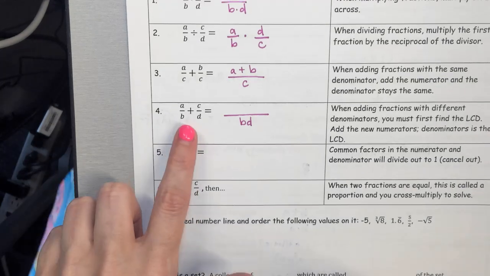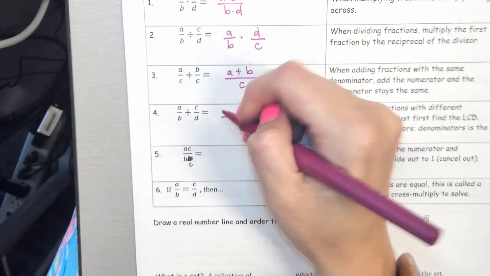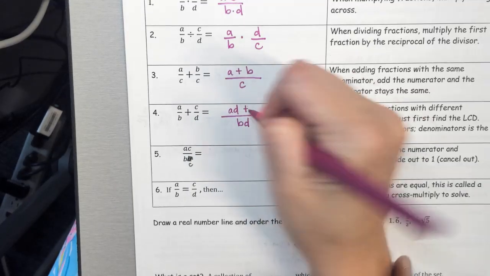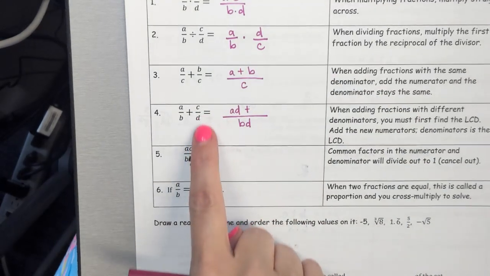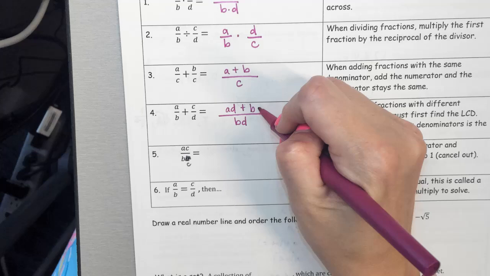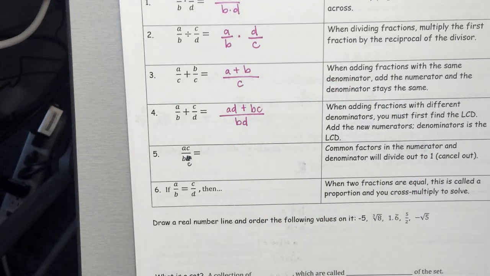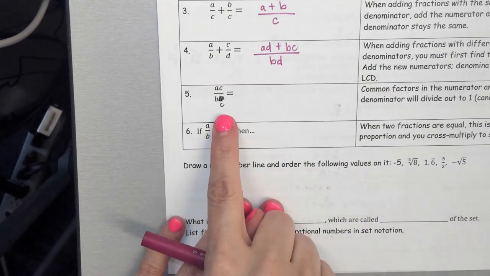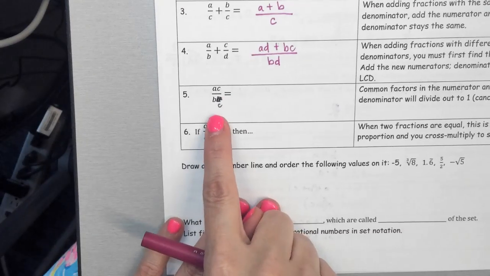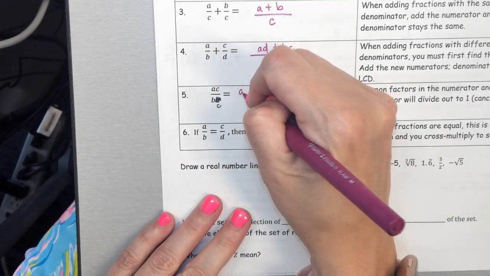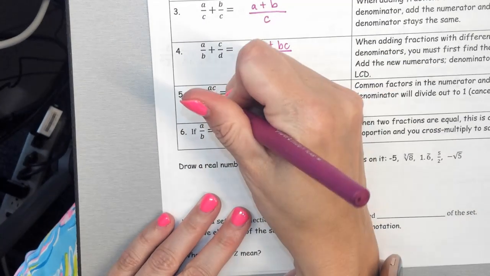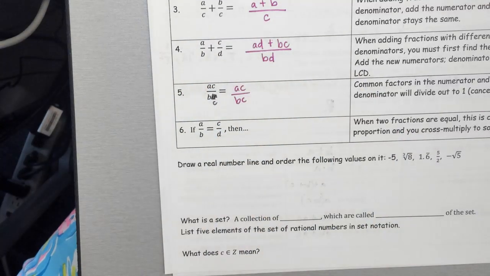What would you have to multiply this one by? D. So it's A times D plus, here I'd have to multiply the top and the bottom by B, so plus BC. And then this one should say AC over BC. And if you just want to cross that off and write it again, you can.